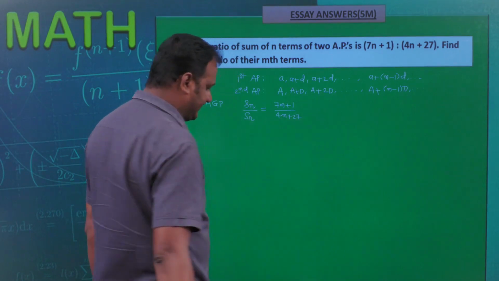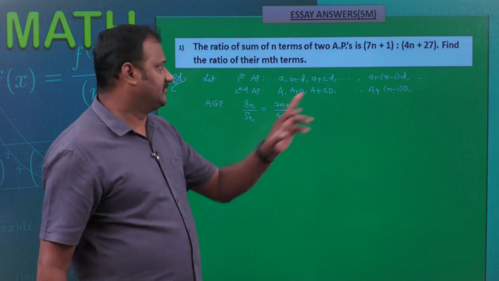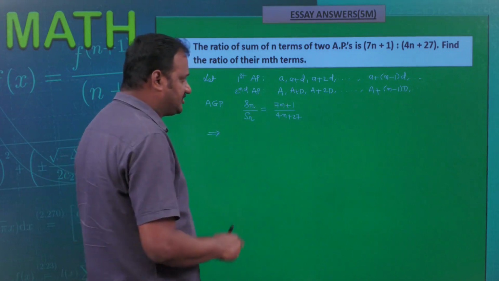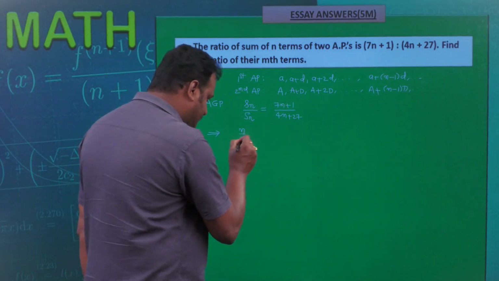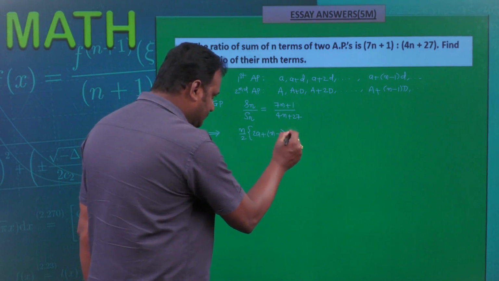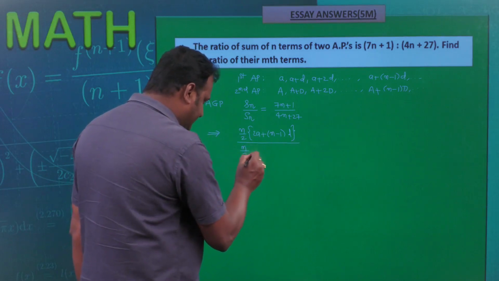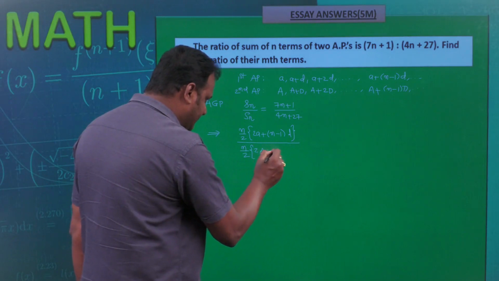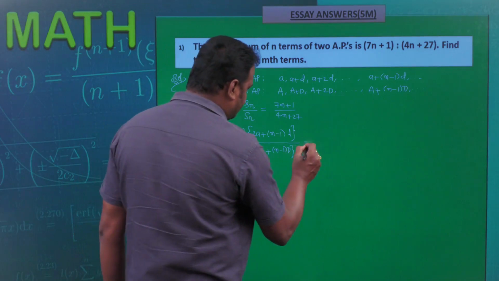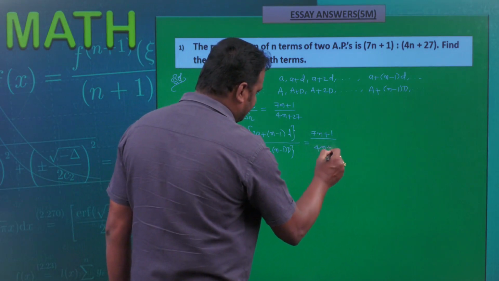Now let us try to understand the formula for the sum to n terms of an arithmetic progression. For the first arithmetic progression, the sum to n terms is n by 2 times (2a plus n minus 1 into small d), divided by, for the second arithmetic progression, n by 2 times (2A plus n minus 1 into capital D), which is equal to 7n plus 1 divided by 4n plus 27.